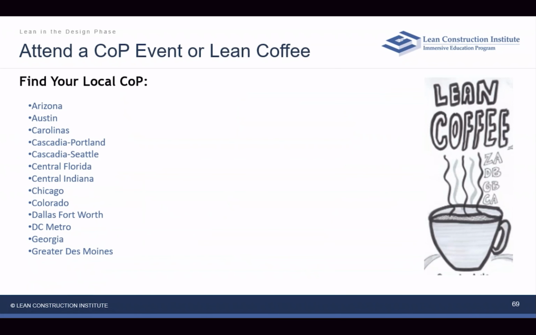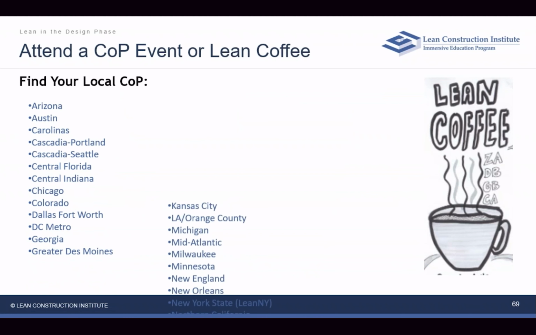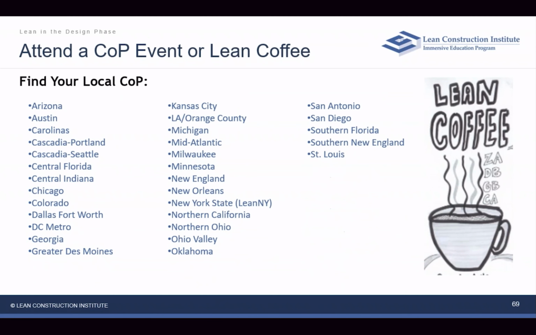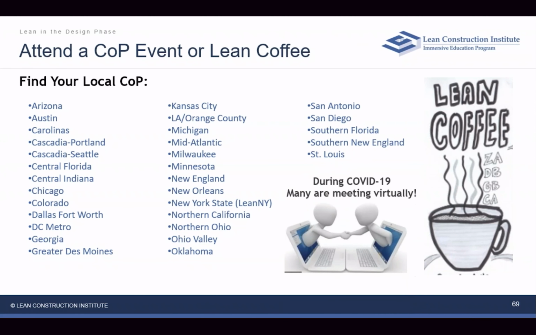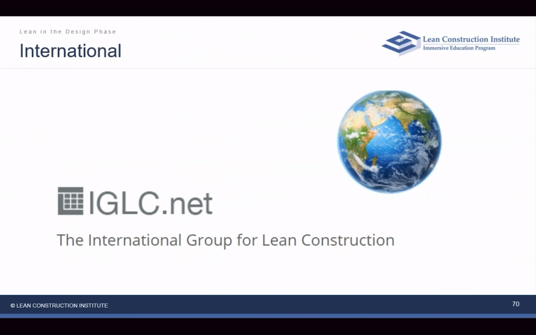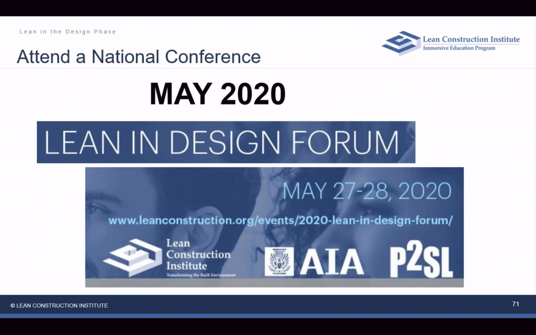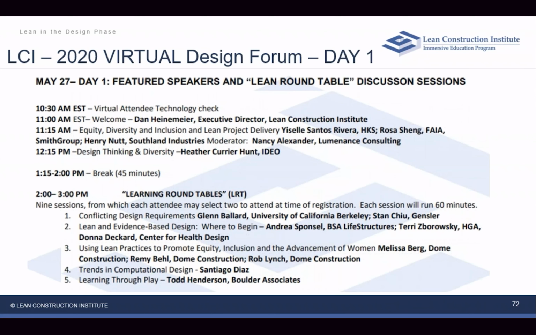And again, find your local COP. There are things like lean coffees. These are all LCI COPs, communities of practice, and a lot of them are meeting virtually during COVID. There are also international forums where people are talking about lean. In other countries, like we said, there's the Lean in Design Forum coming up, May 2020, and again, they're meeting virtually for COVID.